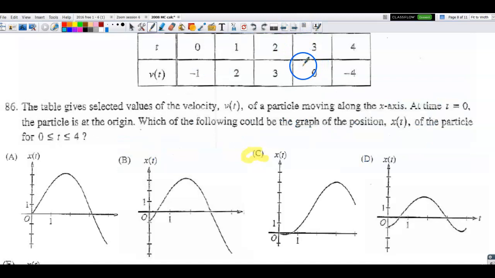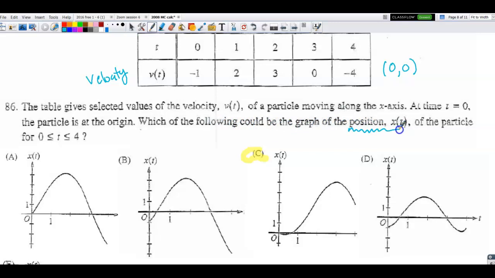Number 86, we have another table of values, and this time we're looking at velocity of a particle moving along the x-axis. At t equals 0, the particle is at the origin. So the initial position of the particle is 0. Which of the following could be the graph of the position function?